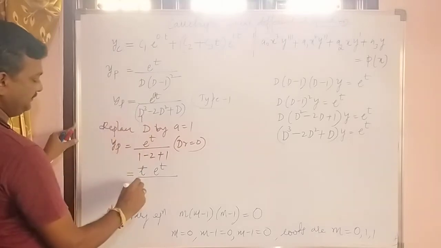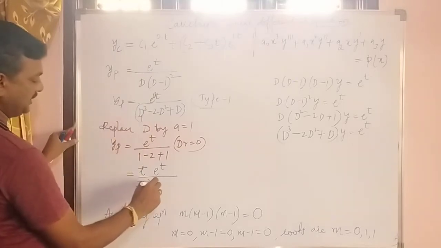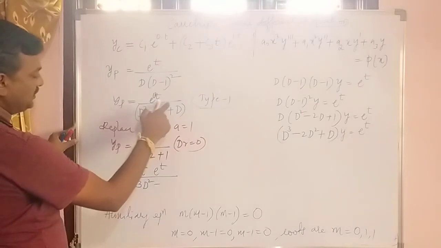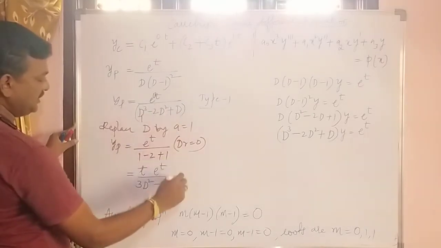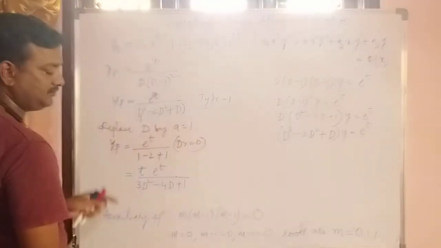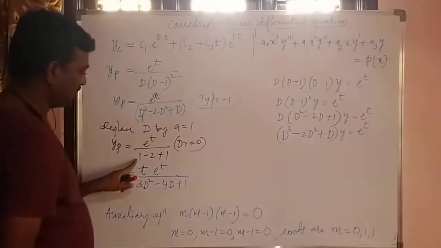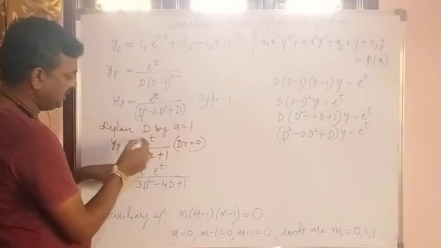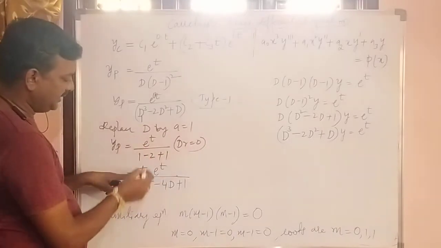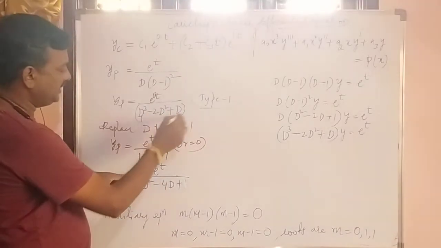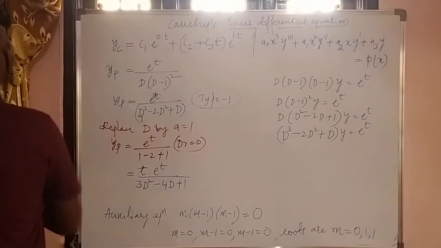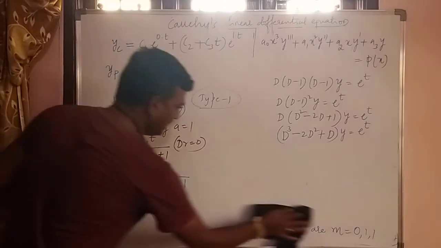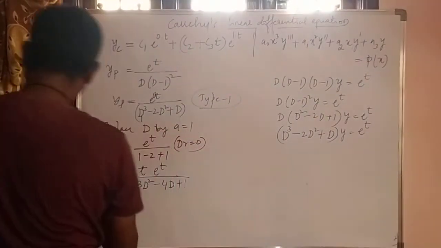The derivative of d cube is 3d square, minus 2d square gives 4d, plus d gives 1. If the denominator is 0, we multiply the numerator by t and differentiate the denominator with respect to d, students. Next, once again it's a type 1 example.